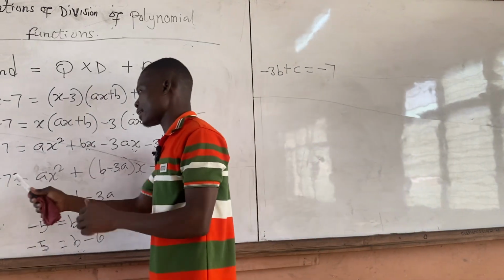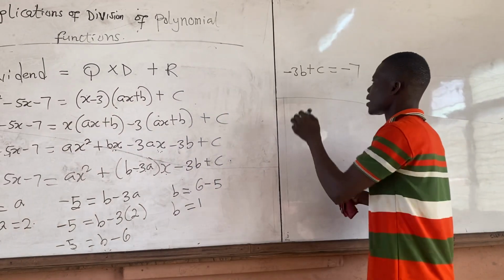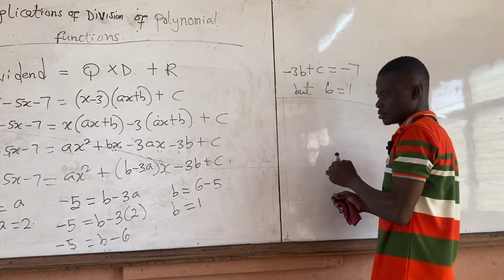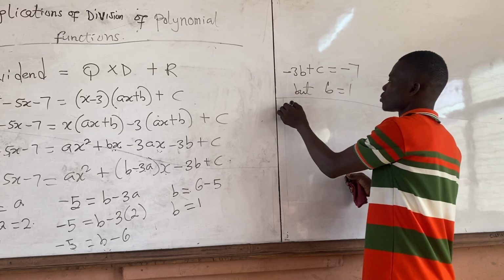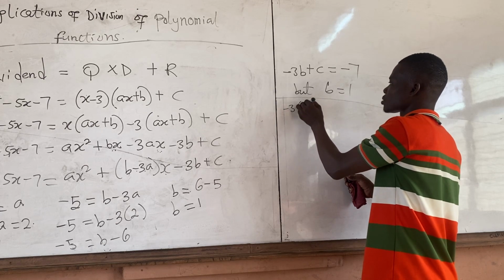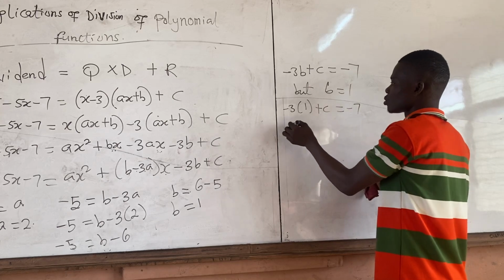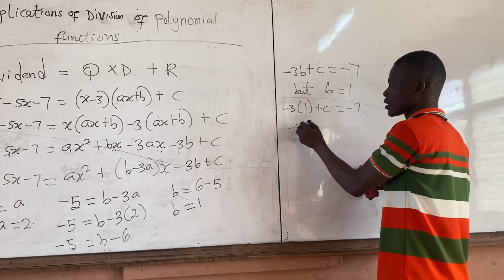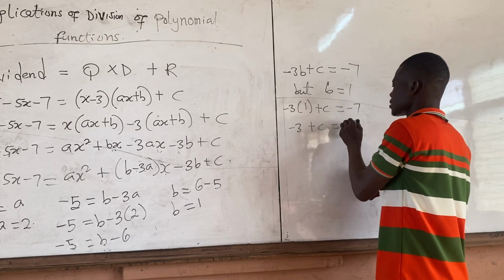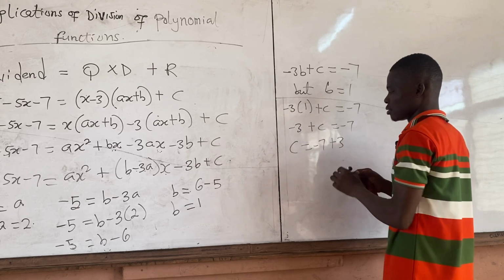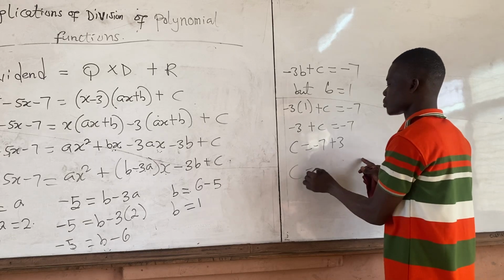But we know that b is 1. So minus 3 times 1 is negative 3, plus c equal to negative 7. So c is equal to minus 7 plus 3.